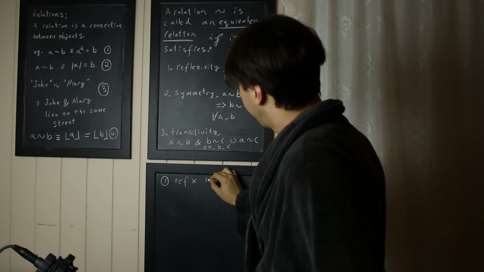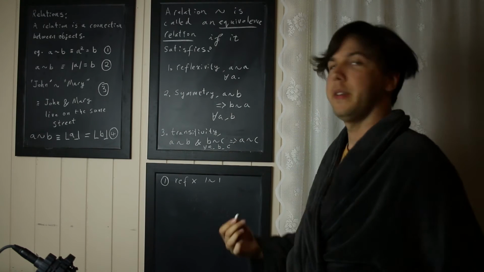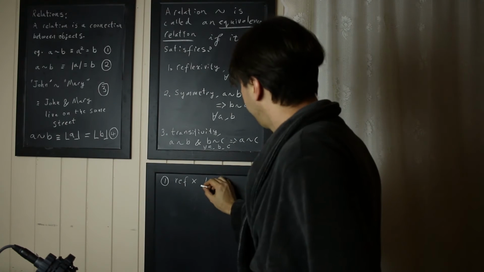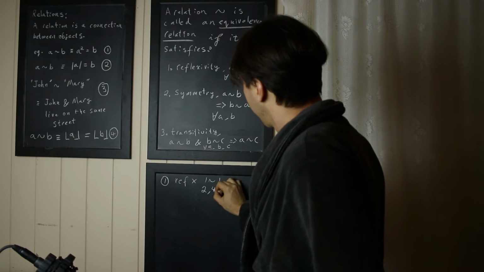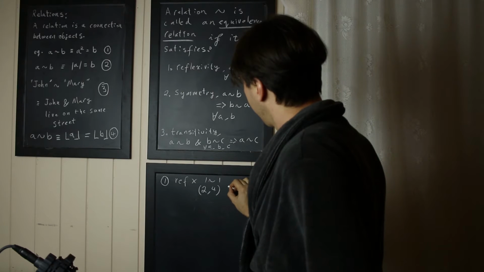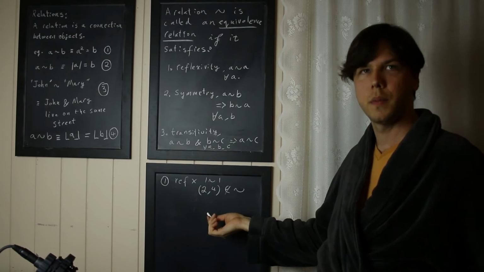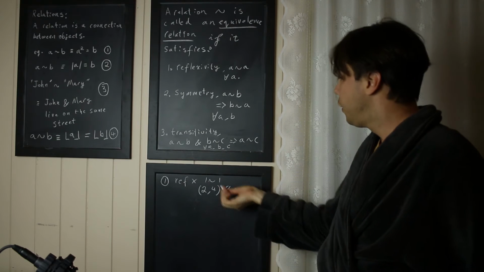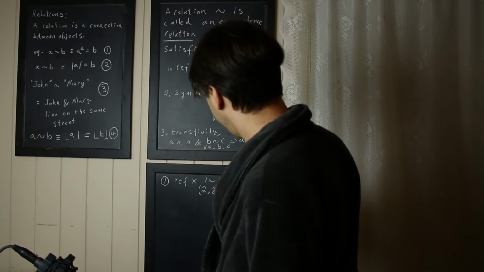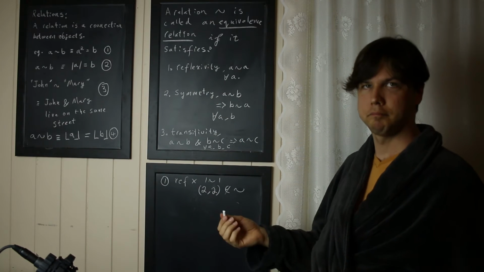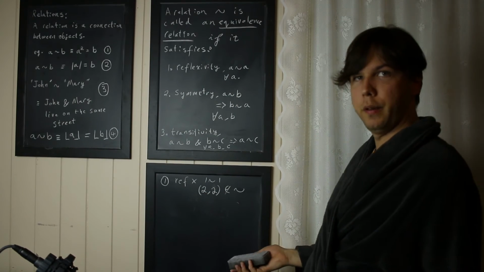We have element 1 relates to itself, but that's the only case, okay? So we can say the element 2, 2 does relate to 4, but 2 does not relate to itself. Okay. So, not an equivalence relation.